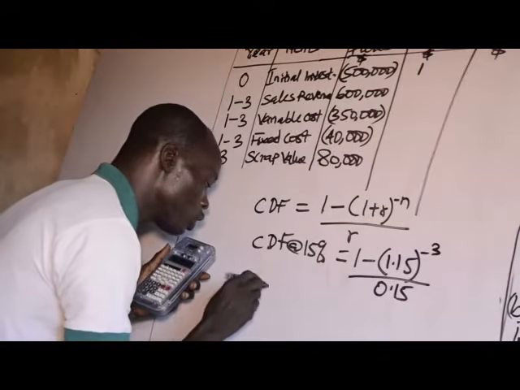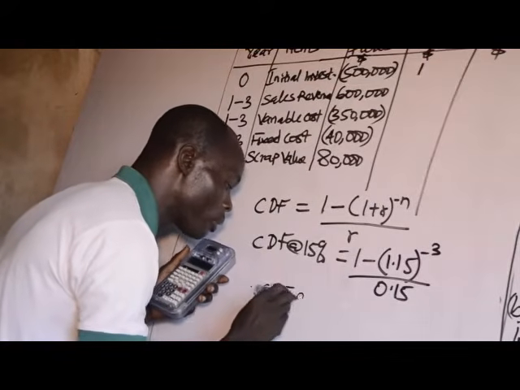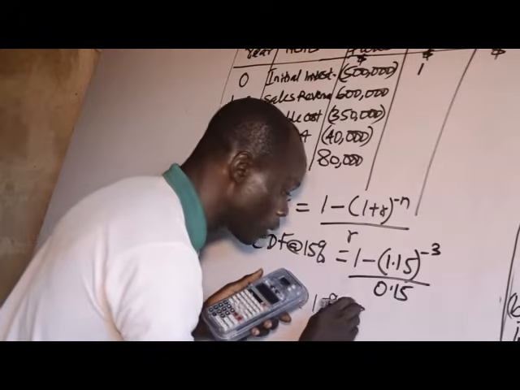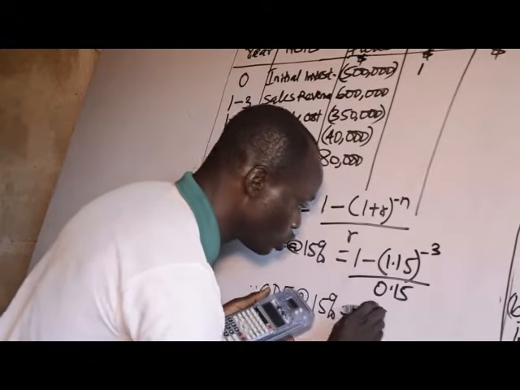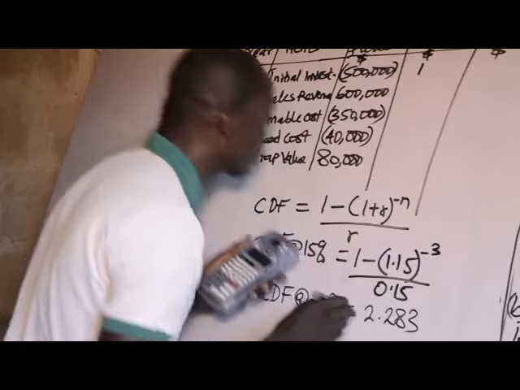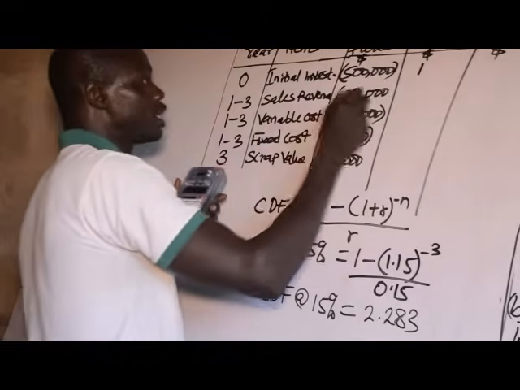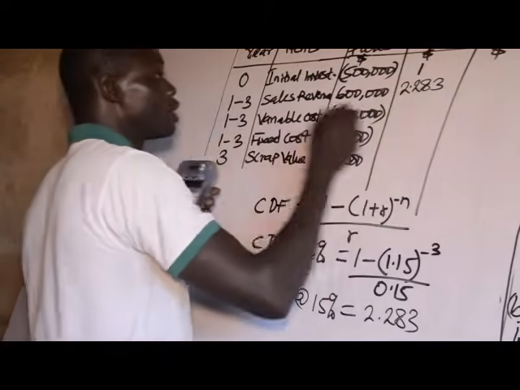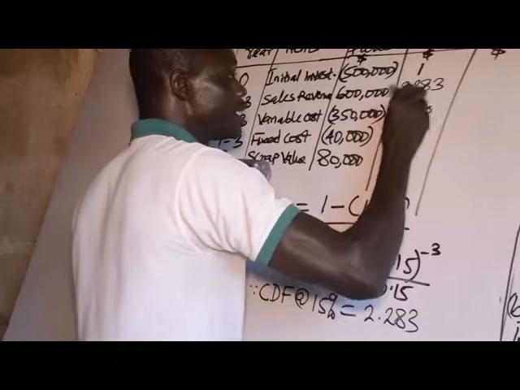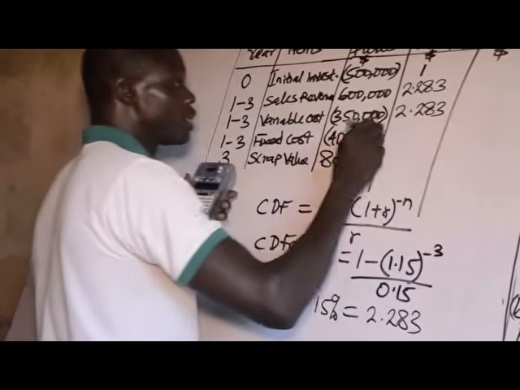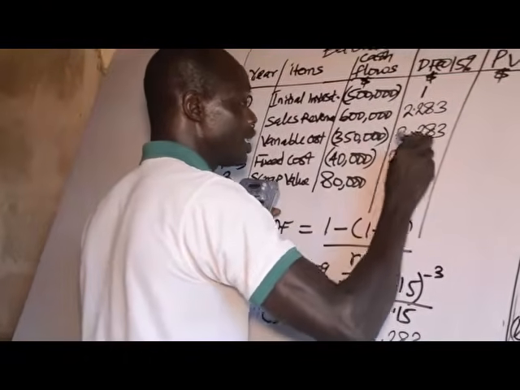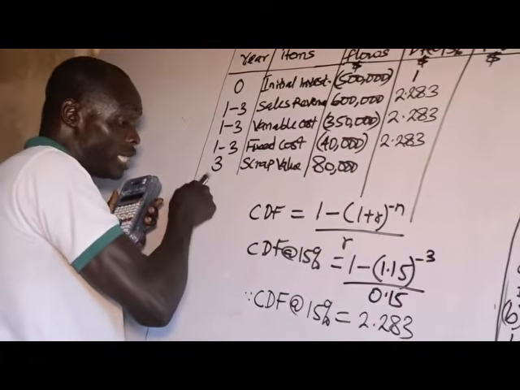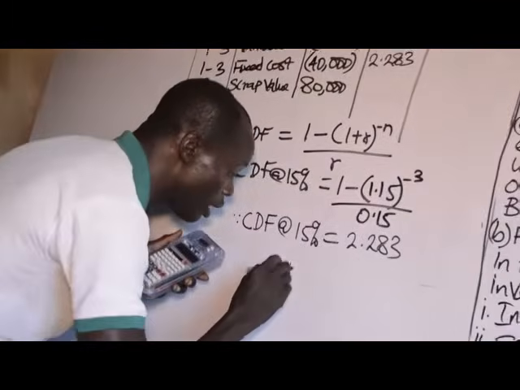So cumulative discount factor at 15% cost of capital for 3 years is approximately equal to 2.283. So for year 1 to 3, we have 2.283.